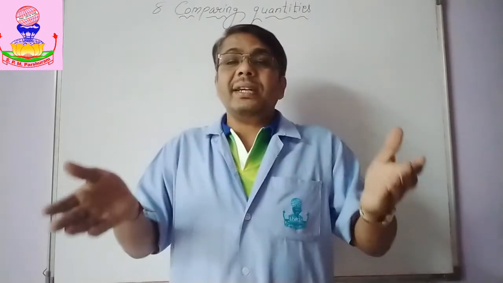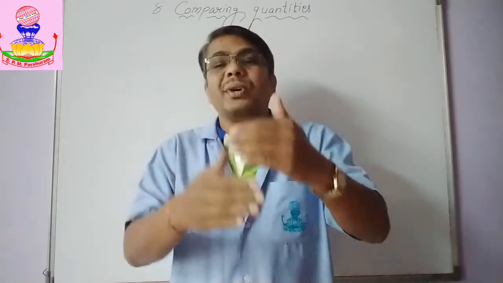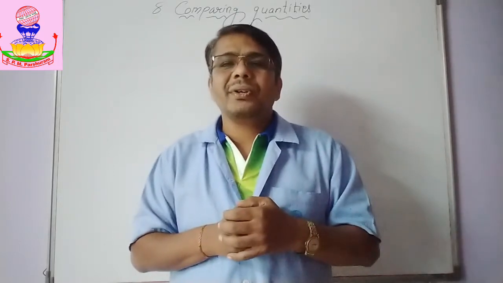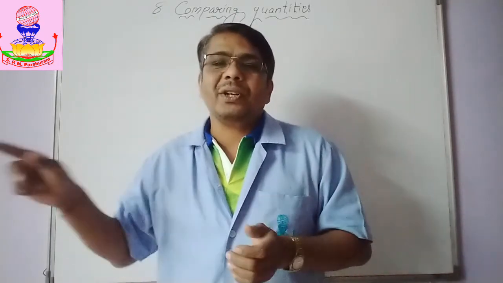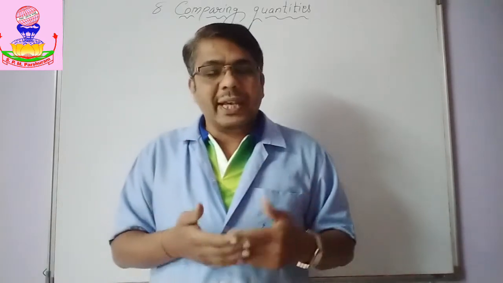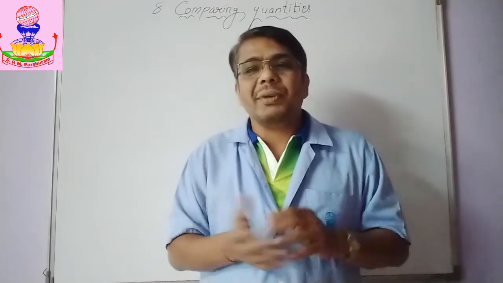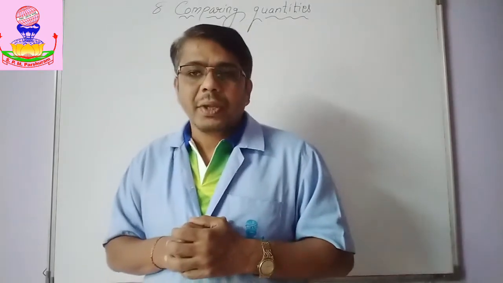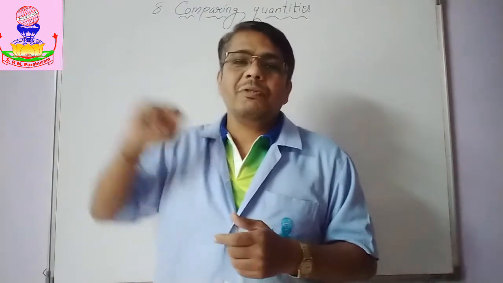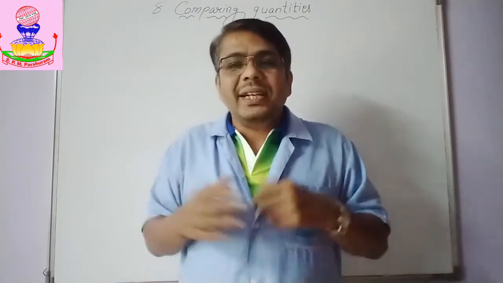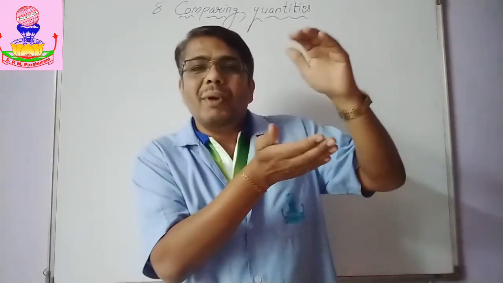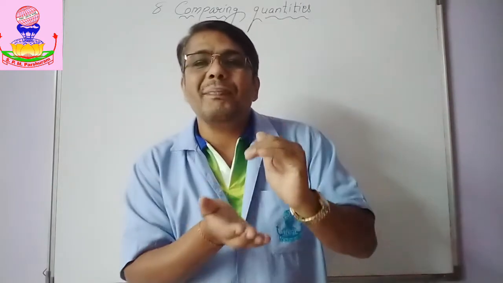So what is the comparison you can do? We can say that height of Aryan is twice that of Vishnu. It is 2 times, exactly 2 times. Or we can say it in these words also, height of Vishnu is half that of Aryan. Right? So what we did here, we divided one quantity by the other.